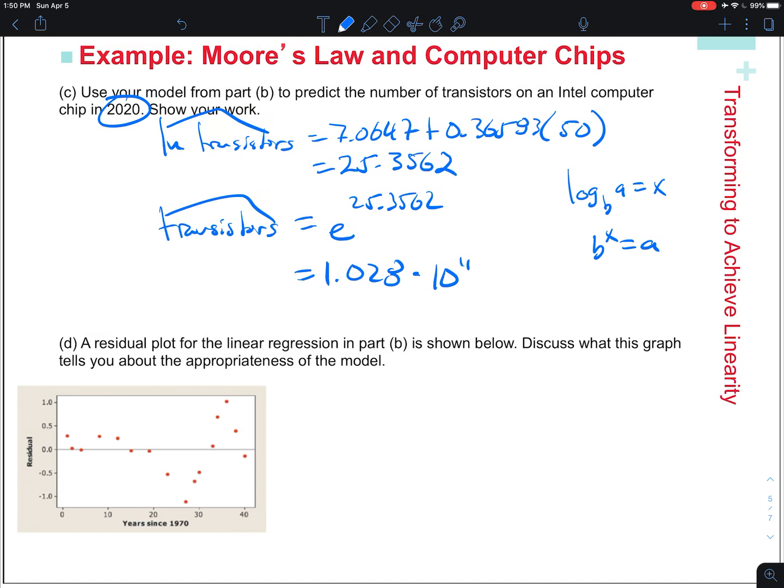The residual plot is shown in part D here, and discuss what that tells you about the appropriateness of the model. It seems to be a pattern in the residual plot. So in another world, in chapter 3, it'd be kind of game over, with the residuals going from positive to negative to positive as we move left to right.